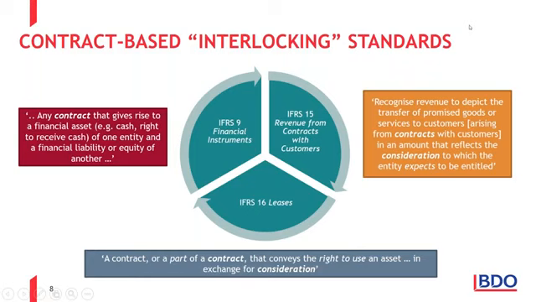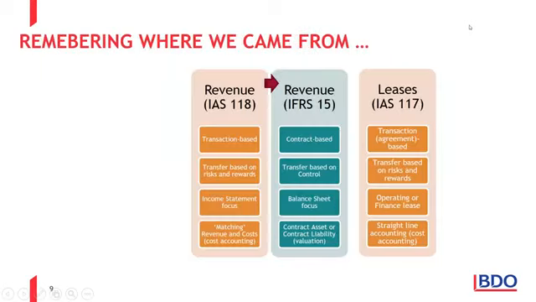If we jump to the next slide, this is just remembering where we came from, and I'm going to use the revenue standard as an example. Just remember that from the revenue standard, we moved from an old standard that used to be transaction based and income statement focused, like matching of revenue and cost.